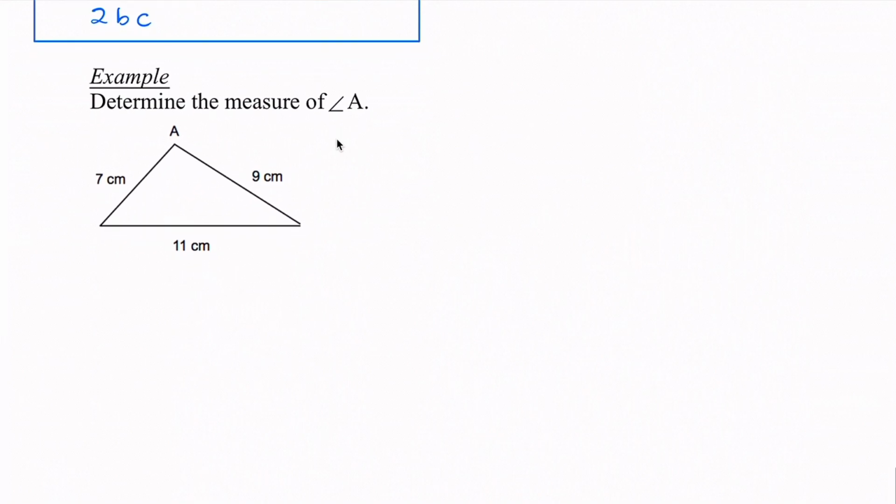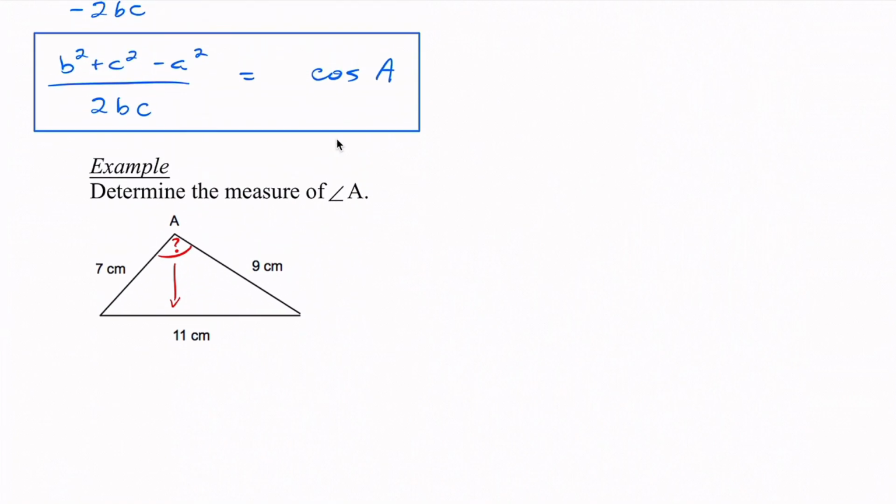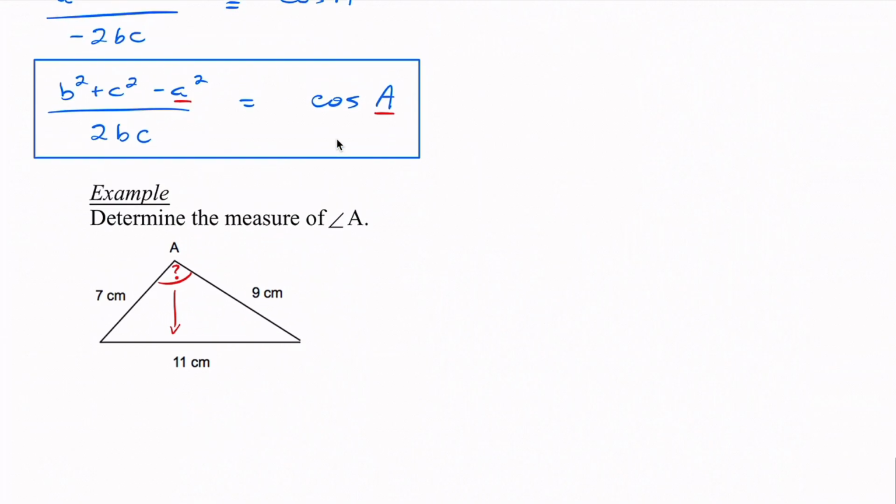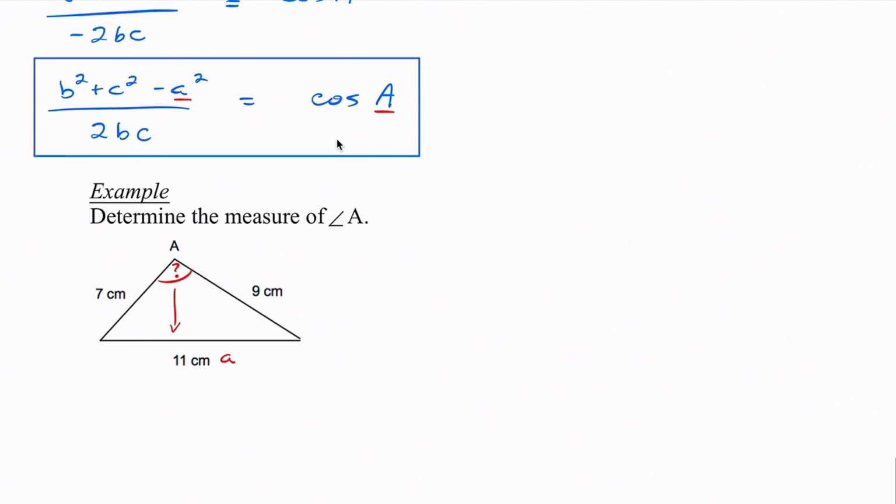So angle A, that is right here, so that's our question mark, and that is across from this 11. So again, in our formula, if I'm finding A, that's got to be the one across from it. So this is angle A, and this is side A. So let's just write out our formula.